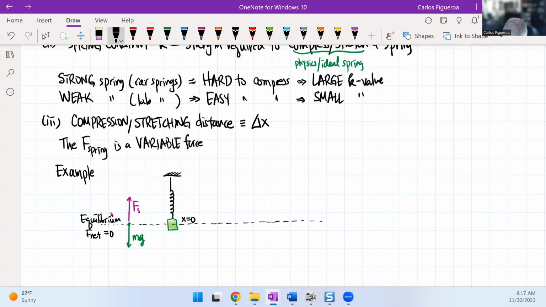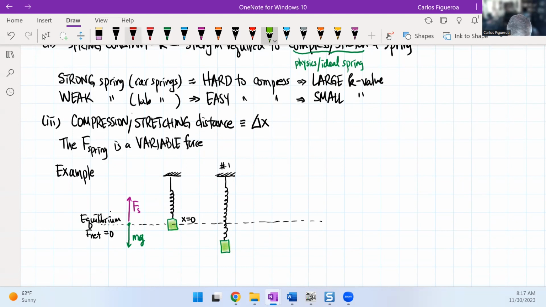So now, in this first state, I'm going to stretch the spring. I'm going to stretch it till it gets to, let's say, right here. So if it gets to here, you have to imagine how hard you had to work to pull down the spring.